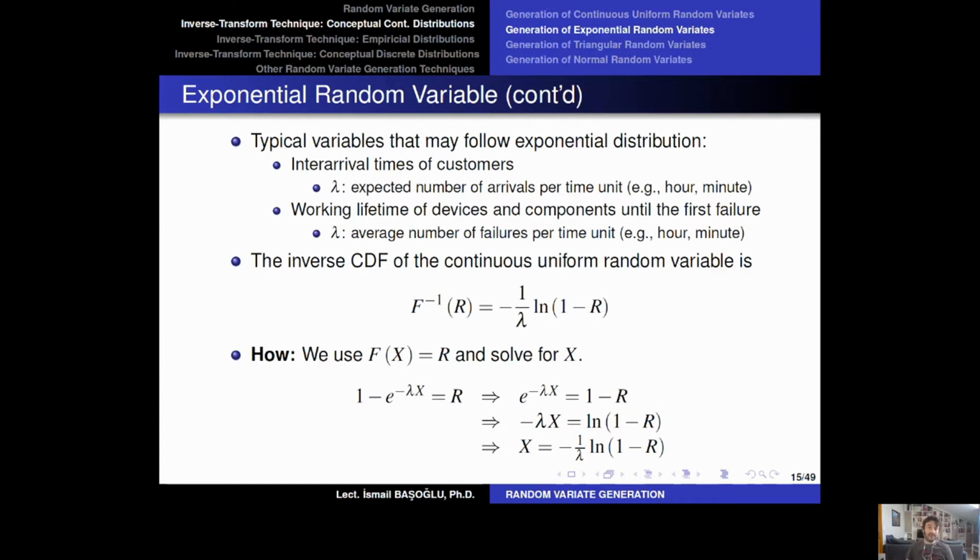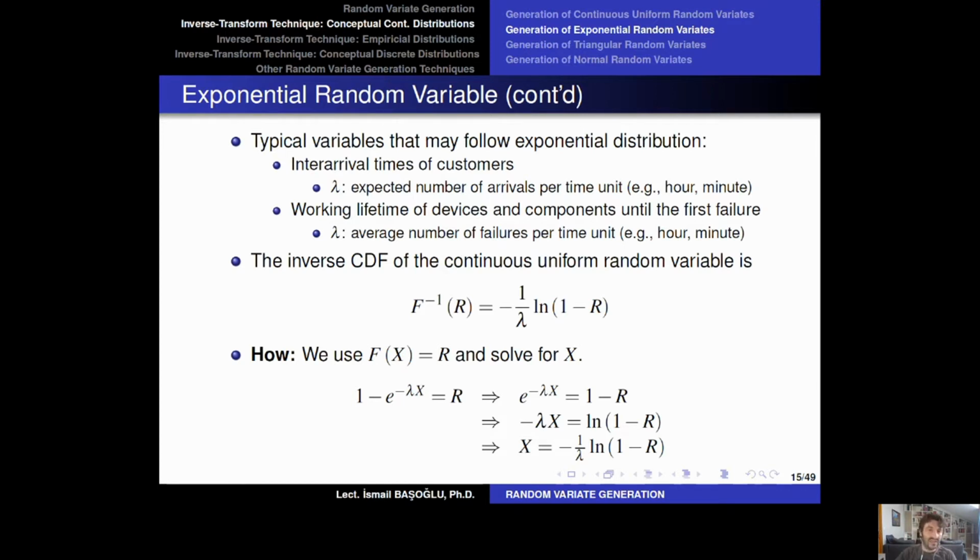Now, what are the typical variables in real life which may follow exponential distribution? The most typical example is the inter-arrival times. To a supermarket, to a bank, to any other service queue, the inter-arrival times of consecutive customers can practically be exponentially distributed. However, we are going to explain the details on that in the next chapter.